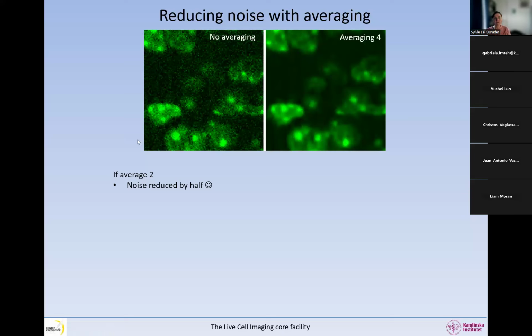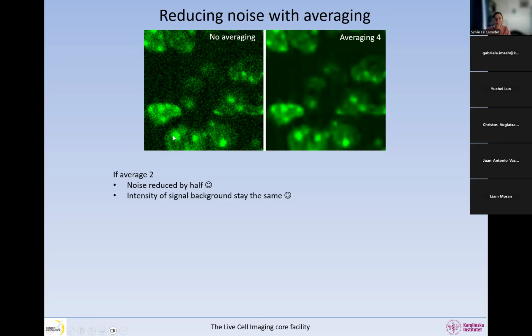Okay, so if we average 2, the noise is reduced by half, but the intensity in the signal or background stays the same. Signal and background are real fluorescence, they're always going to be there, but the noise will go down. Let's say if we average 2, in the first image it's going to be 167 counts, and then the second image is going to be 168 counts.